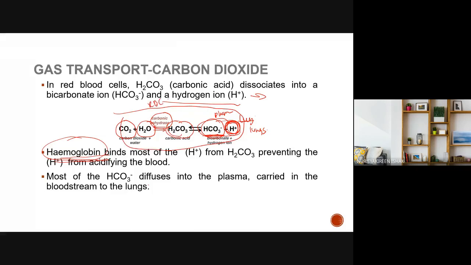Okay, so carbon dioxide diffused from red blood cells into, imagine, blood plasma, and then diffuse out from the blood capillaries into the alveolus, okay, as carbon dioxide.